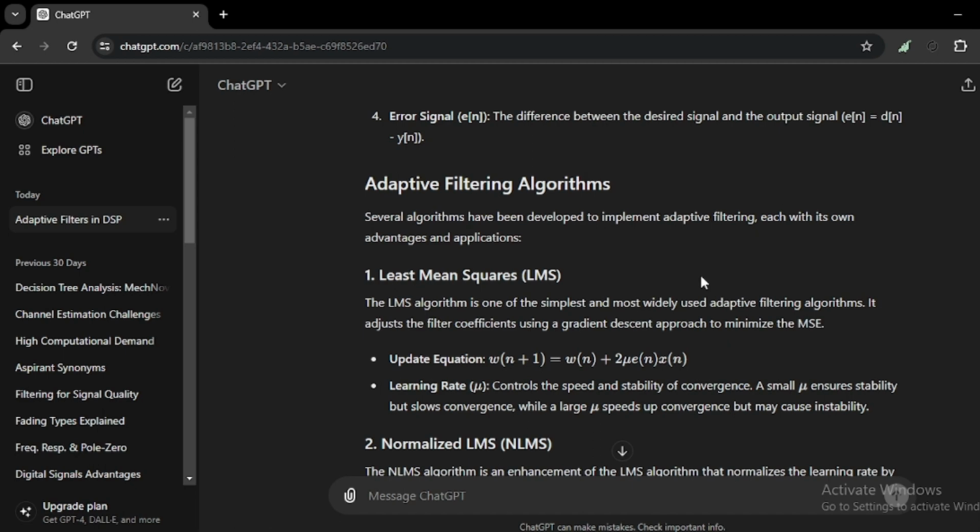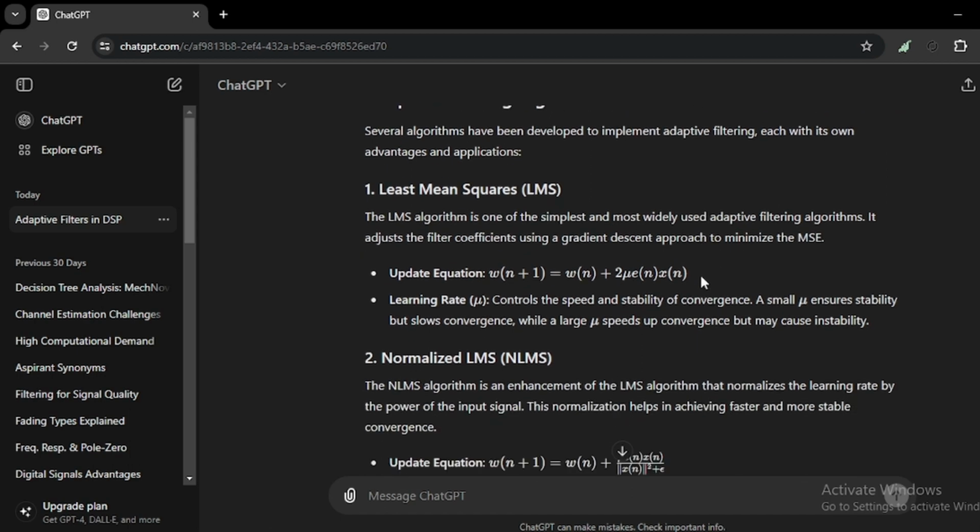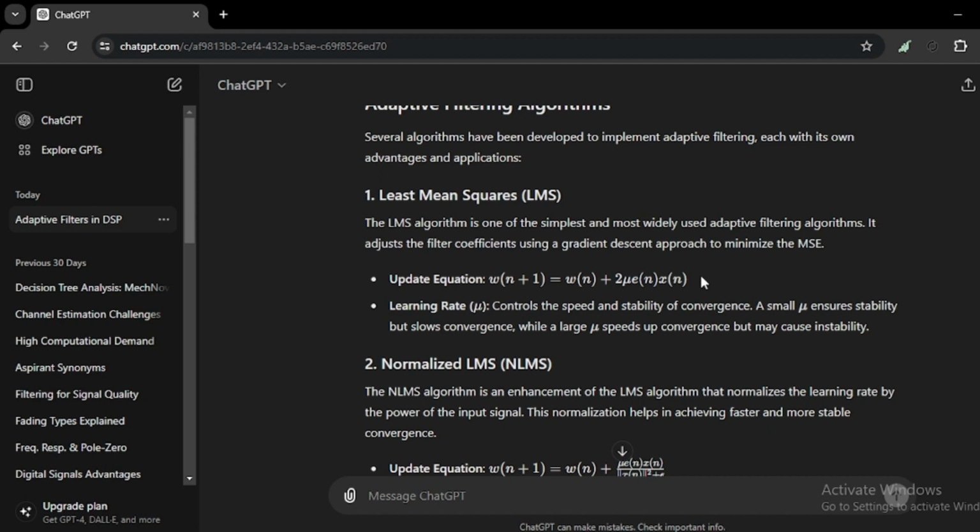It adjusts the filter coefficients using a gradient descent approach to minimize the MSE. Update equation: w(n+1) = w(n) + 2 mu e(n) x(n). The learning rate mu controls the speed and stability of convergence. A small mu ensures stability but slow convergence.